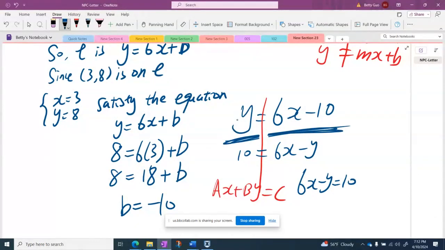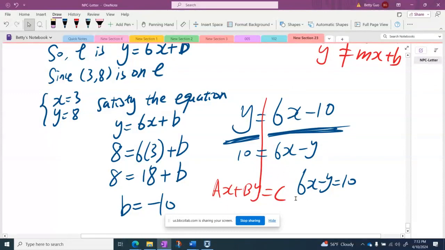I apply the transposition of terms. It's a technique we have been talking about from the very beginning of the semester. Let me repeat what we have done here. I kept 6x on the right side, so 6x is still 6x. I moved the negative 10 over to the left, so negative 10 becomes positive 10. I also moved the y to the right side, so we have a negative y on the right side.